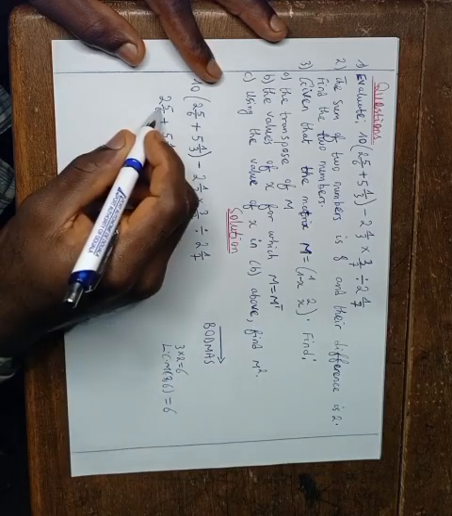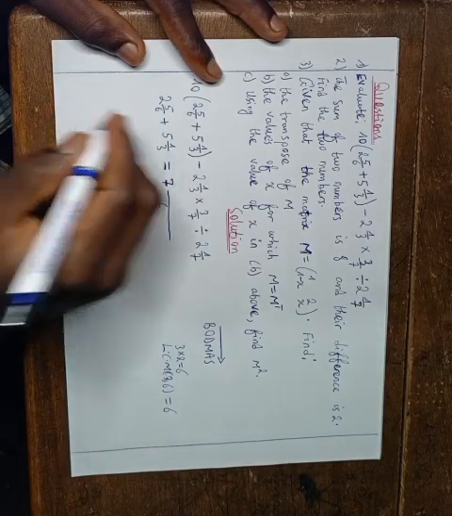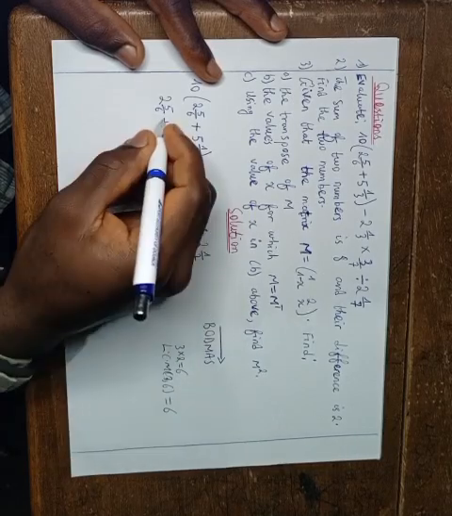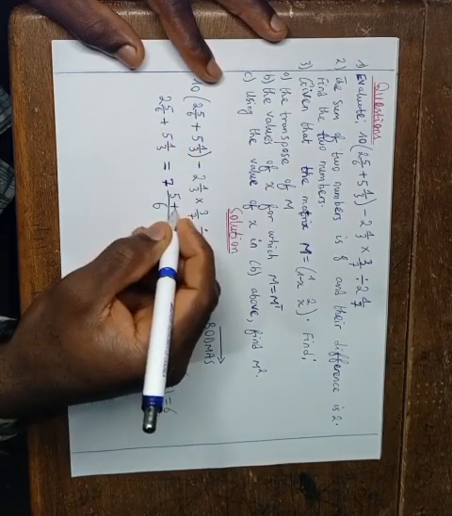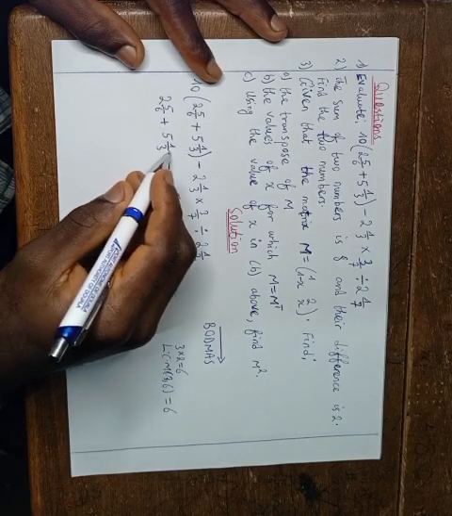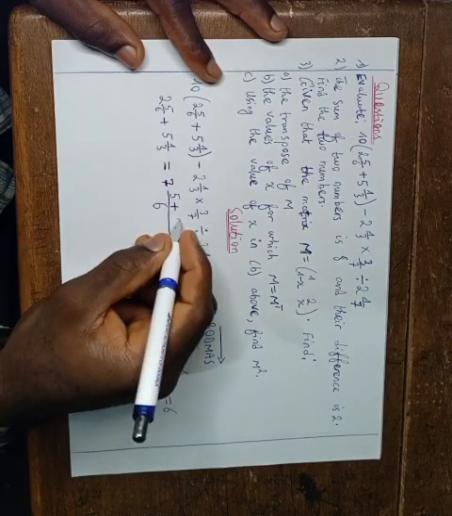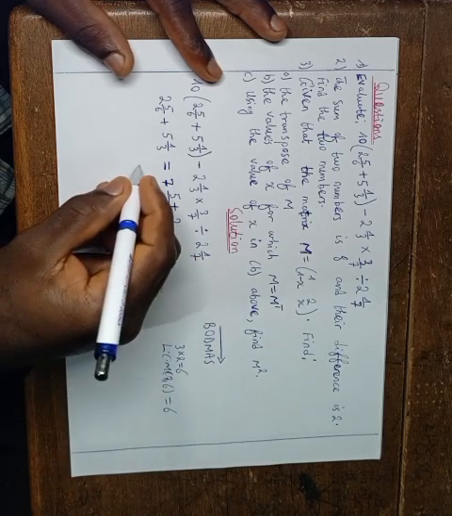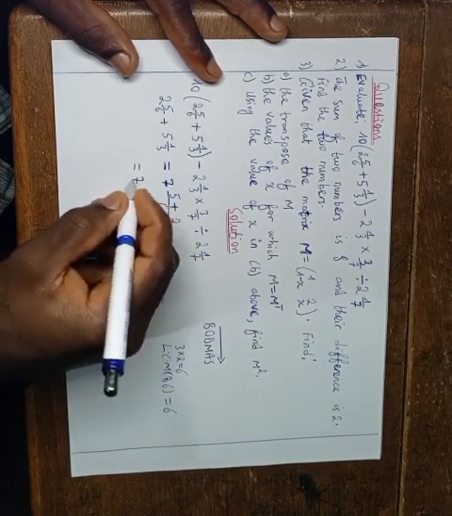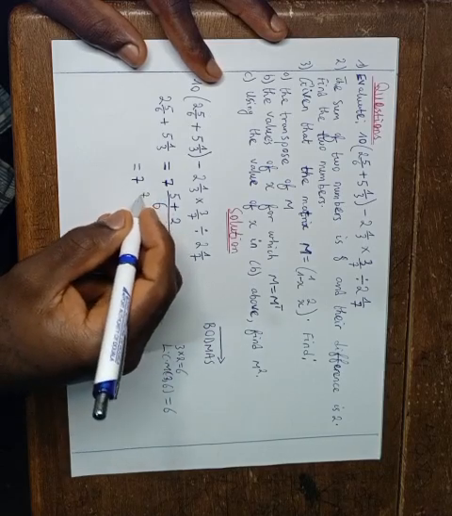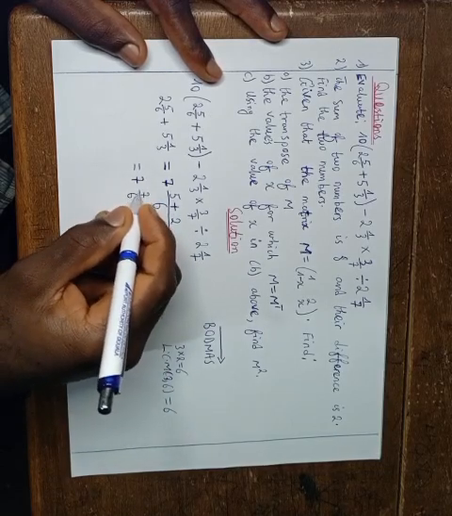Next, 6 divided by 6 gives us 1. 1 times 5 remains 5. The operation sign is plus. 6 divided by 3 gives us 2. 2 times 1 remains 2. 5 plus 2 gives us 7 all over 6.